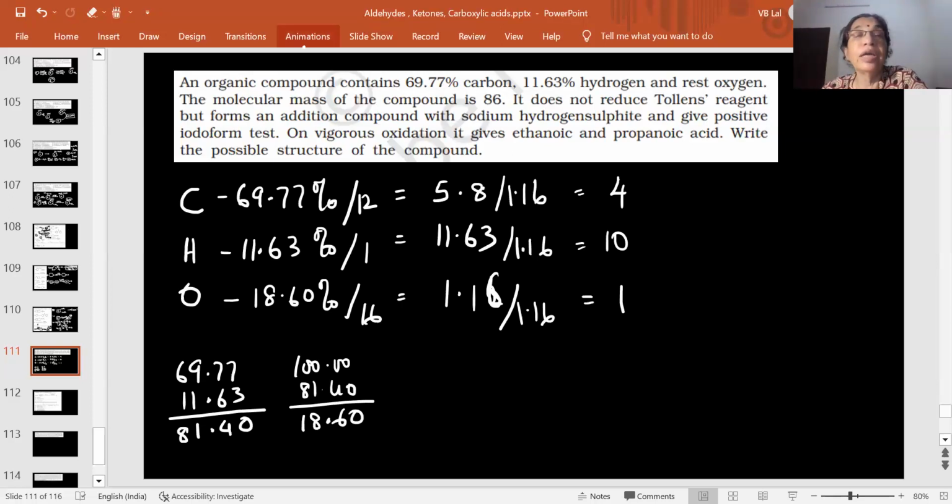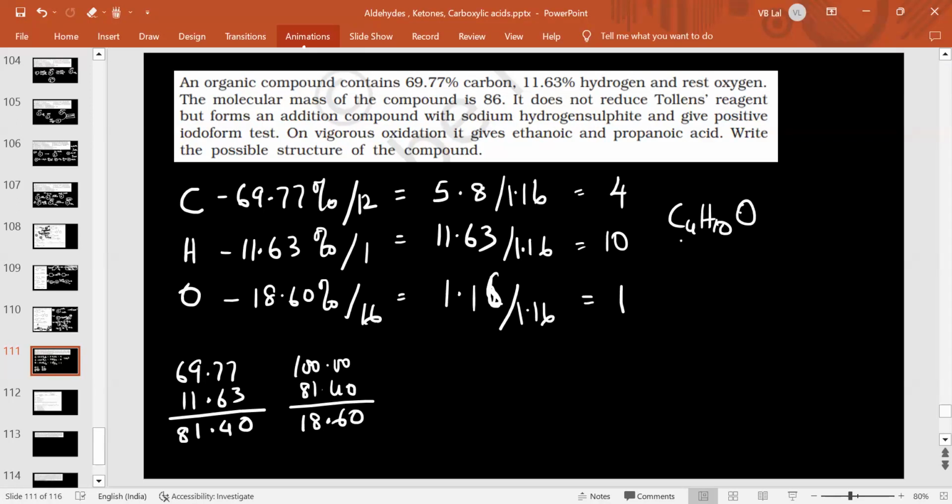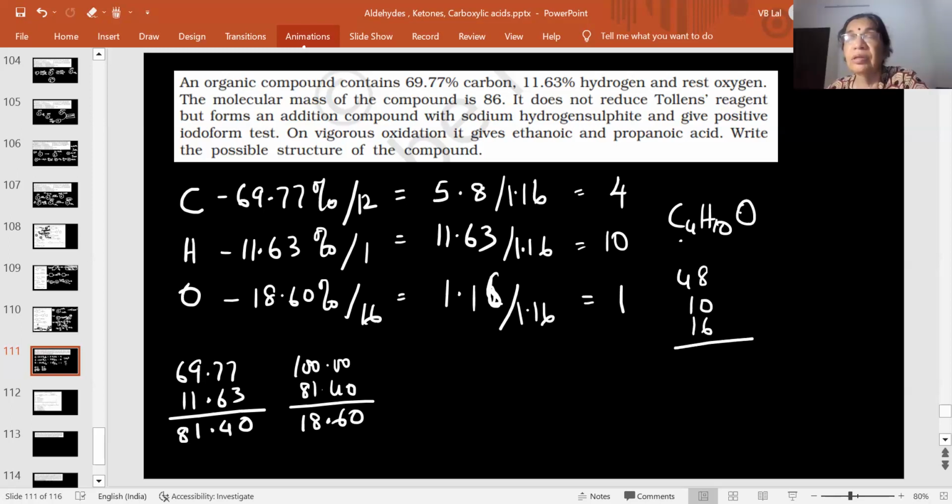So the organic compound, which has molecular mass 86, is C4H10O. Is it 86? No. This is 48 plus 10 plus 16, so 74. How can it be? The molecular mass of the compound is 86.